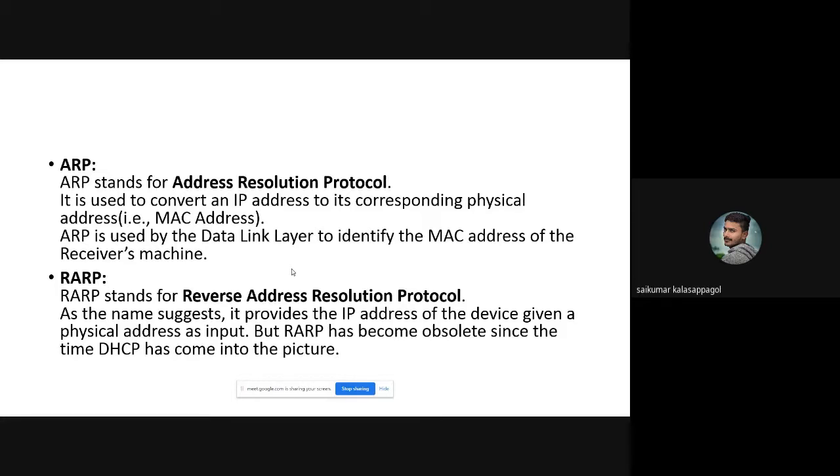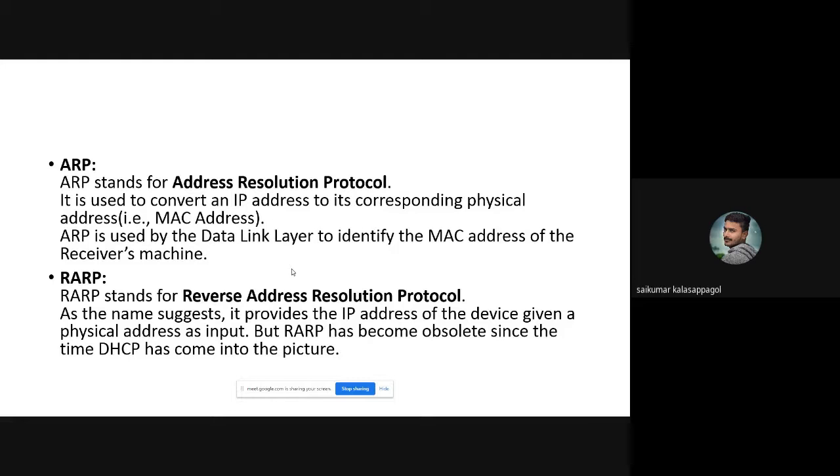So ARP is used by the data link layer, which is the second layer in the OSI reference model, and it takes the IP address from the network layer. The network layer is above the data link layer. Physical, data link layer, network layer, transport layer, session layer, presentation layer, application layer.